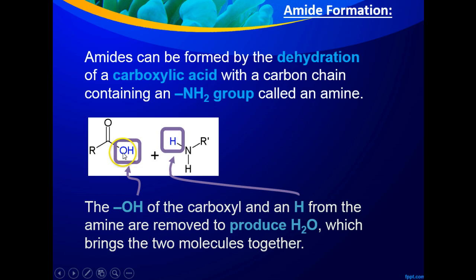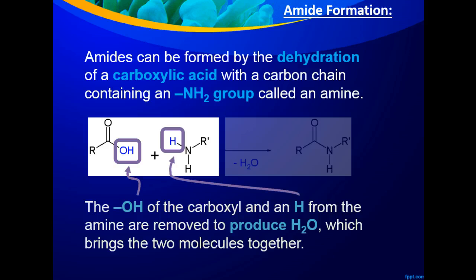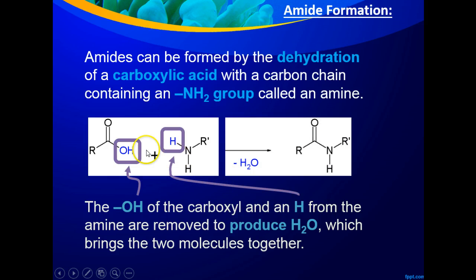What's going to happen is the H from the amine and the OH group from the carboxylic acid are going to get dehydrated out, producing a water, which brings the two molecules together. So water is leaving, which is what is being shown there, and now the two reactants are being brought together, forming an amide.